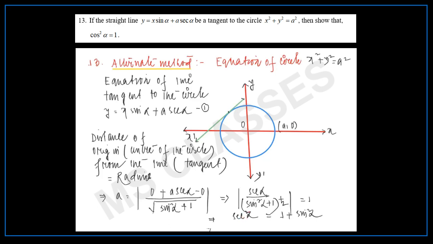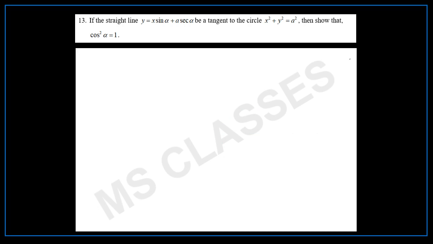Now, if we simplify this, what do we get? 1 equal to cos square alpha plus sine square alpha cos square alpha. Now, 1 minus cos square alpha equal to sine square alpha cos square alpha.